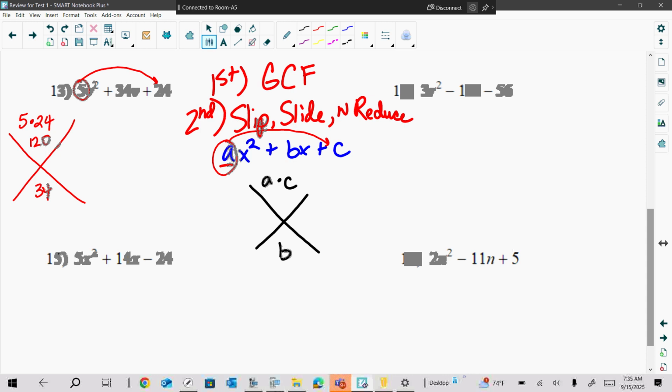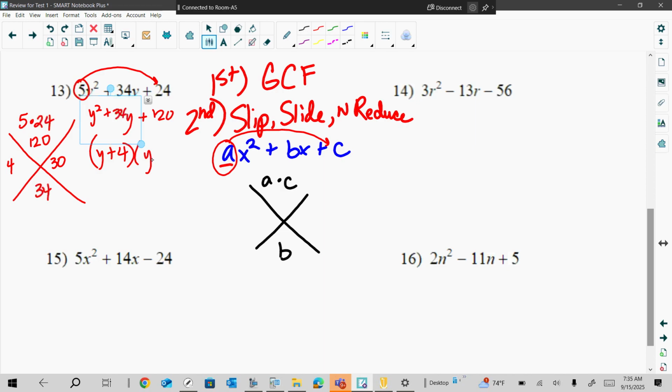So my factors, I'll do 4 and 30. All right, so we did the slip, because we slipped the 5 to the 4 and we multiplied those. So this trinomial is y squared plus 34y plus 120. Okay, so we know our factors are y plus 4 and y plus 30.